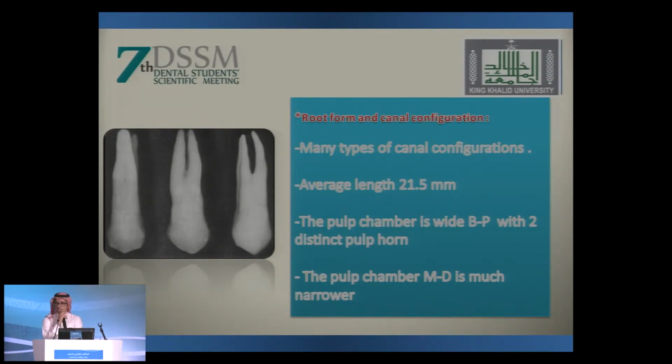There are many types of canal configuration, and the average length is 21.5 millimeters. The pulp chamber is wide buccopalatally with two distinct horns, which means in Arabic قرنين مميزين أو متماثلين. The pulp chamber mesiodistally is much narrower.